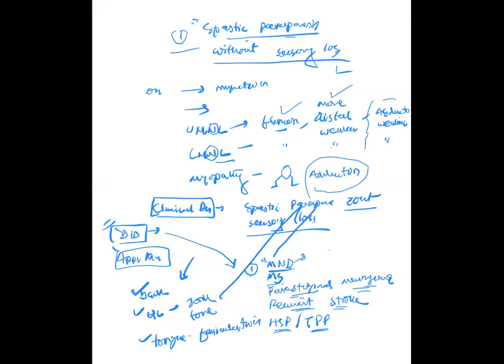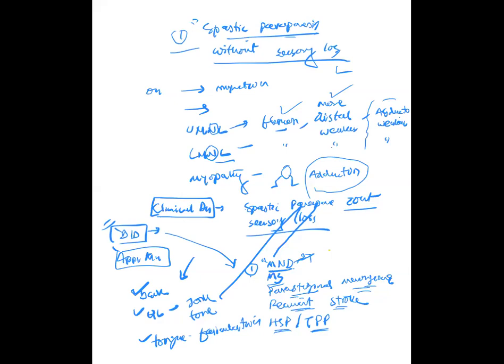So now the examiner will ask the question, what investigation do you want to do? In case of the investigation, my first thought is that it may be a spinal cord problem. Here my first diagnosis is MND. It's actually a clinical diagnosis, so we can do EMG here. And in case of the spinal cord, I will do MRI of the spinal cord.